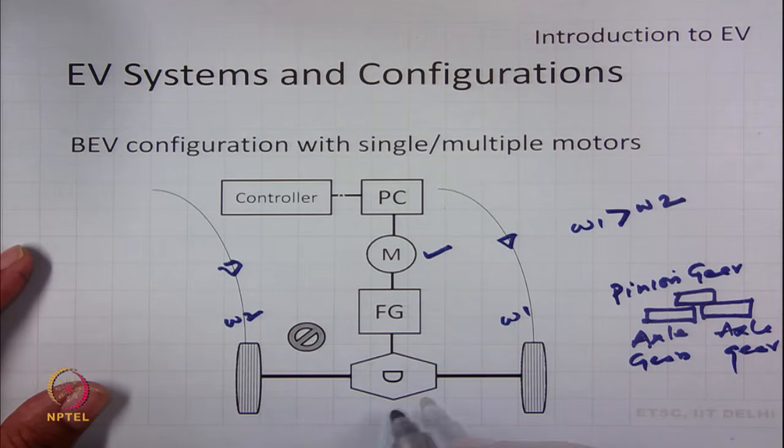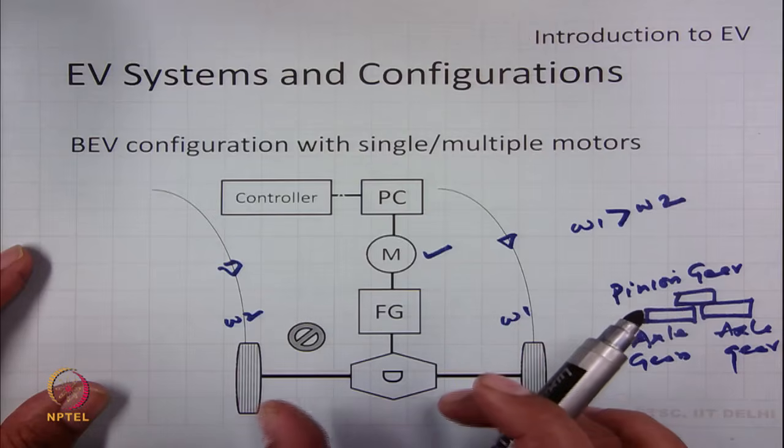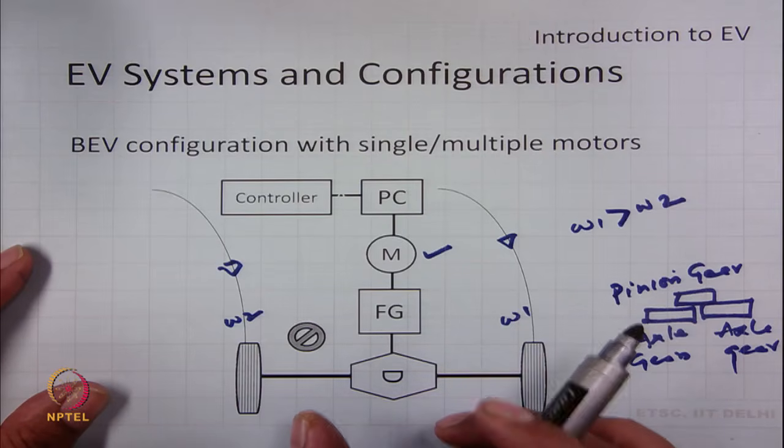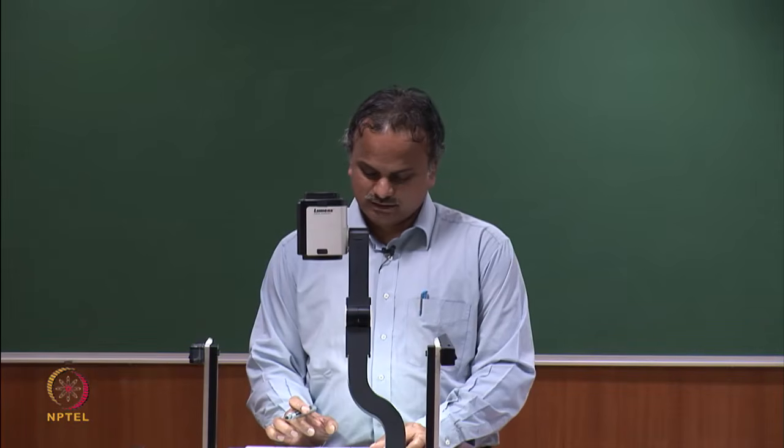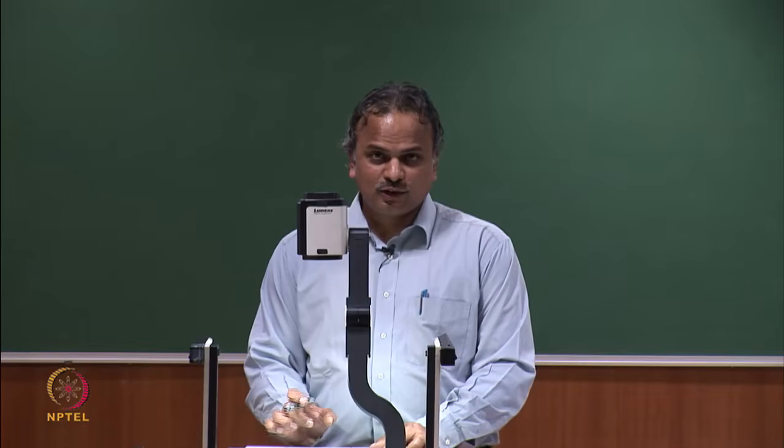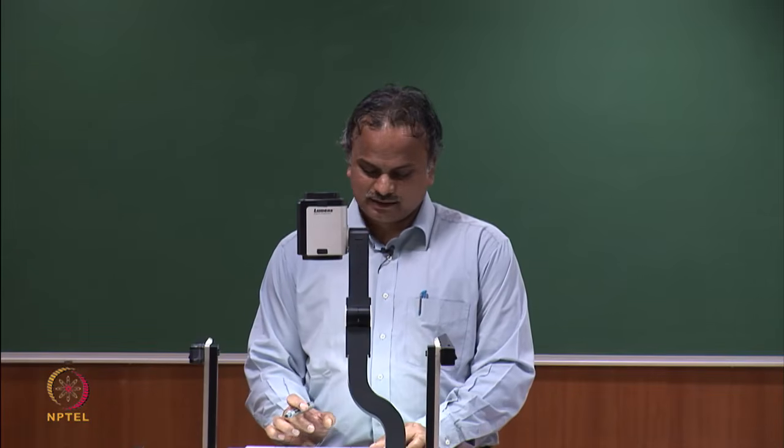So, this is a fantastic device in terms of this operation. So, if we do not do this differential action, there is a possibility of sliding or even balance of the vehicle can be lost, and also it creates lot of wear and tear to the tires.